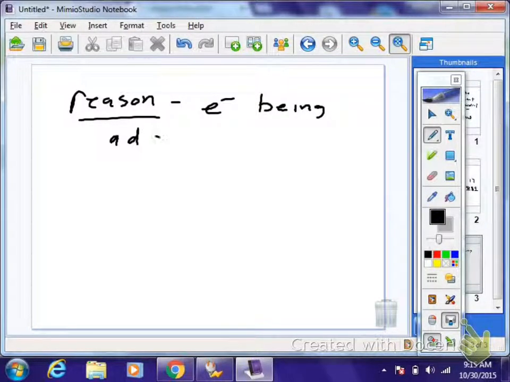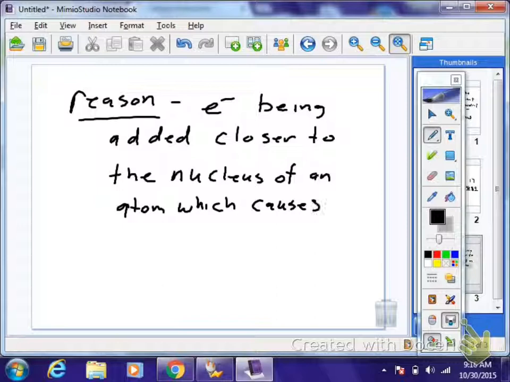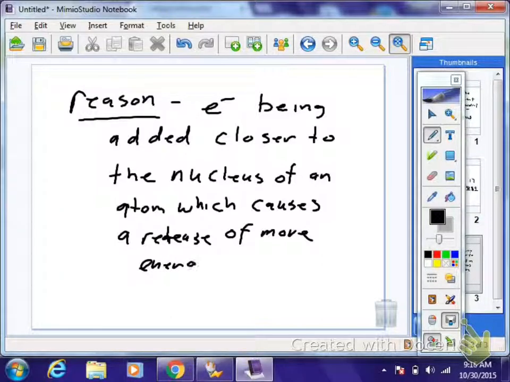Is this for the period or the group trend? Period. That's for the period.